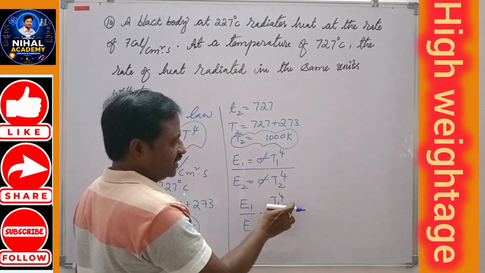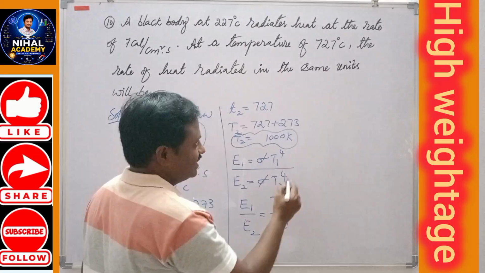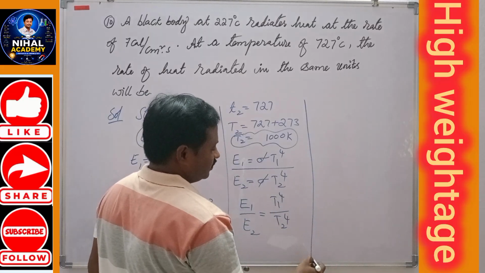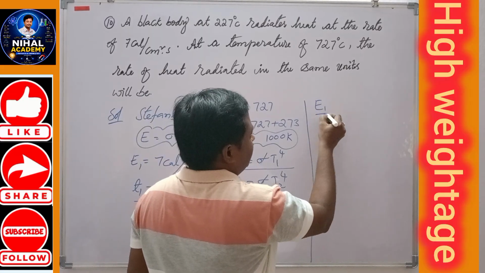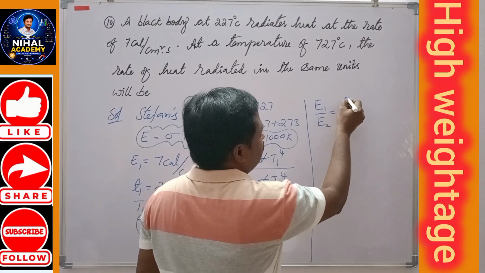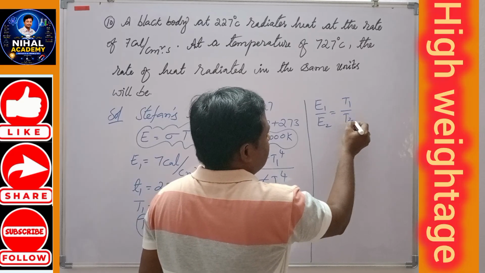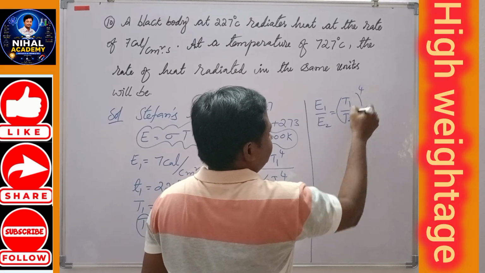So the exponent is the same, so you can write it as E1 by E2 is equal to T1 by T2 whole power 4.